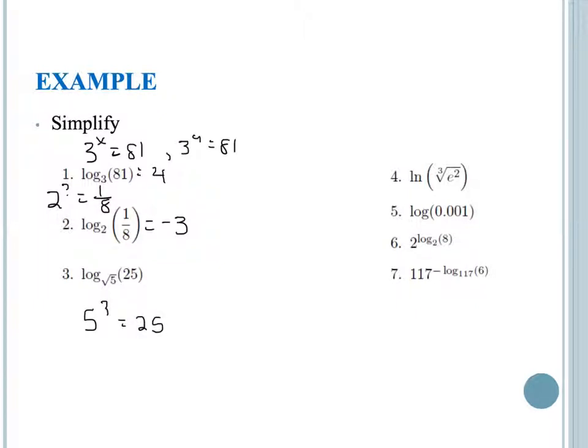Then on this, let's see, 5 to what power equals 25? Well, I know 5 squared is 25, but how do I make it have a square root involved?